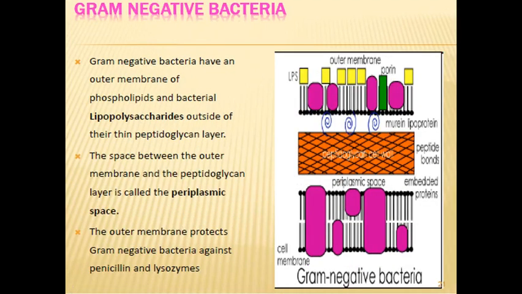And in gram negative bacteria you can observe here, this one is again the plasma membrane, and just above the plasma membrane there is a periplasmic space, and then a small content of peptidoglycan but a high content of lipid. Here also lipid is there, here also lipid is there. Again there is an outer membrane, so lipopolysaccharide and lipid content is here also and here also.